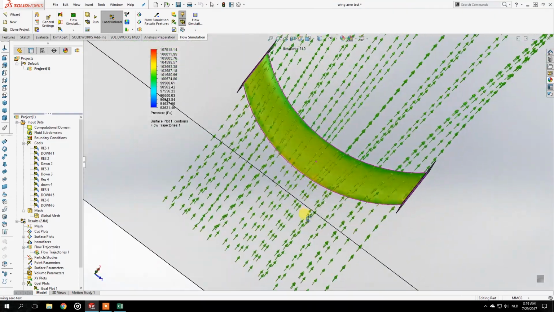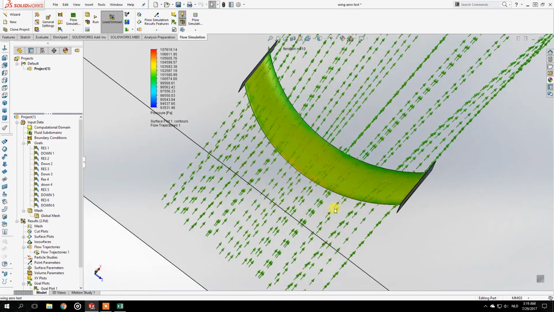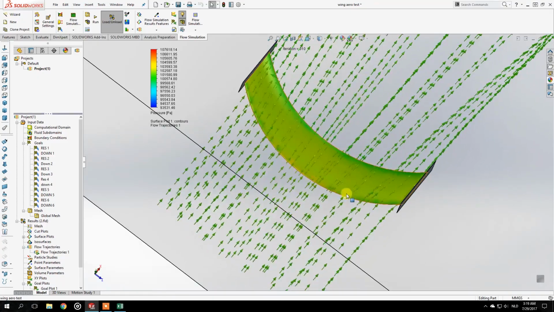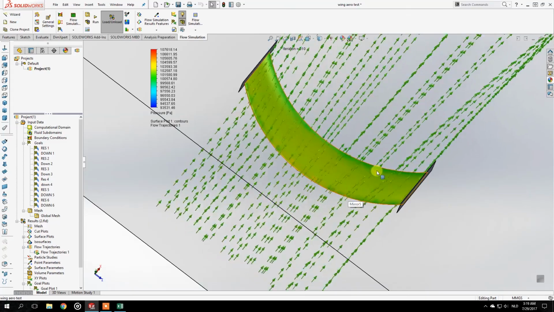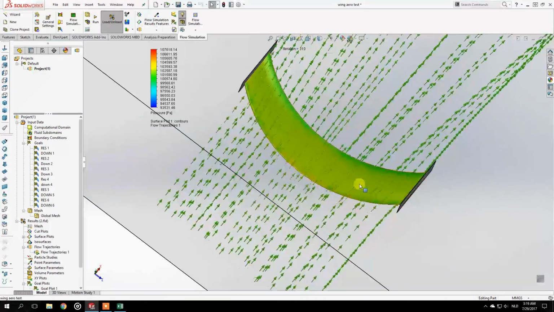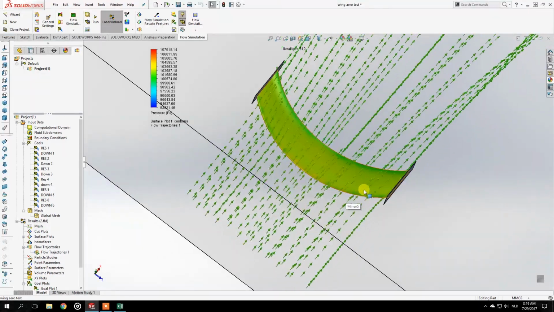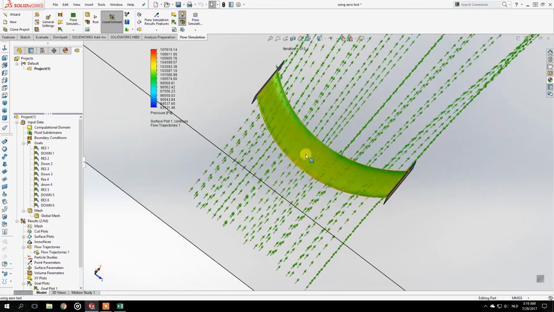Another thing that caught my attention is that you can see from the top view that these air currents that are traveling straight here move towards the side of the wing, and that increases the path they take, and at the same time it is stretching out the wing pattern.